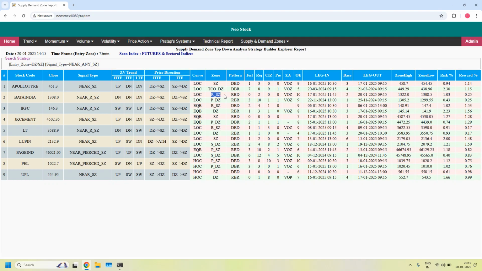Bata India, IRFC, L&T, that's it. We have 3 high liquidity 75 minutes supply zones from this list. Okay, this is about the 75 minutes time frame.